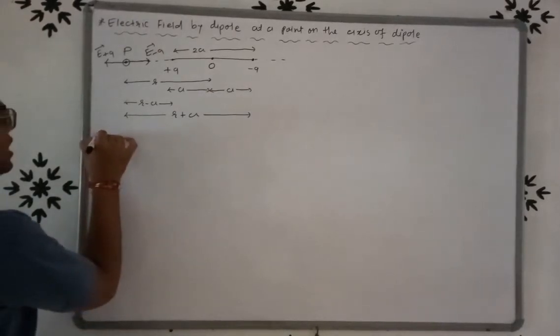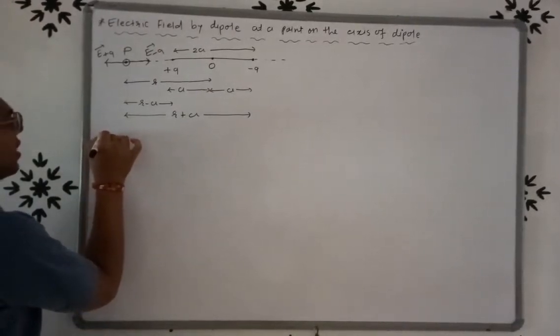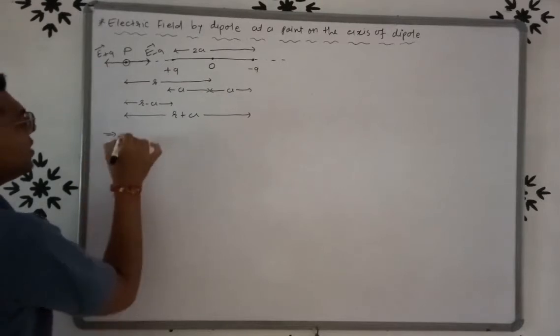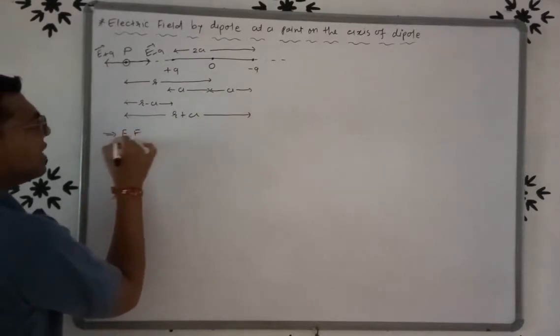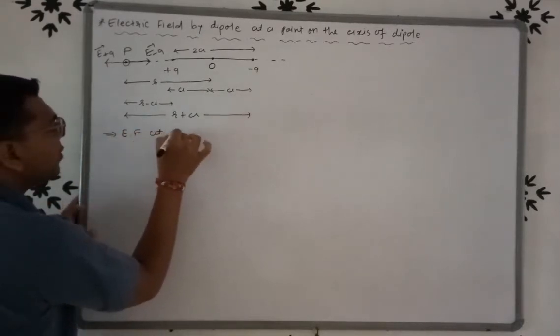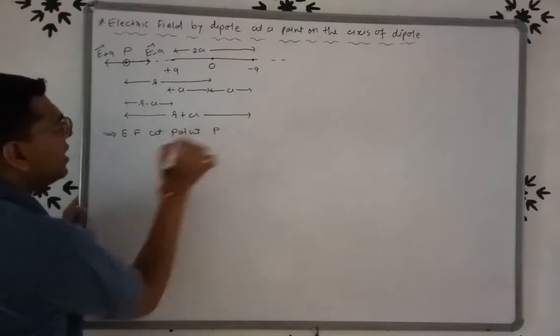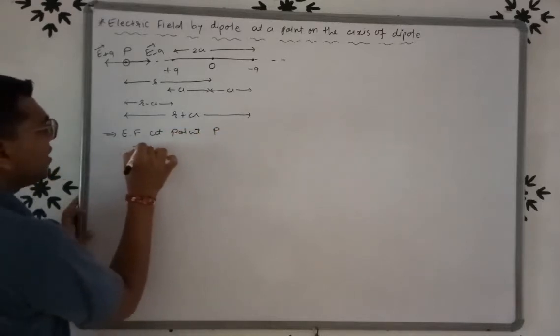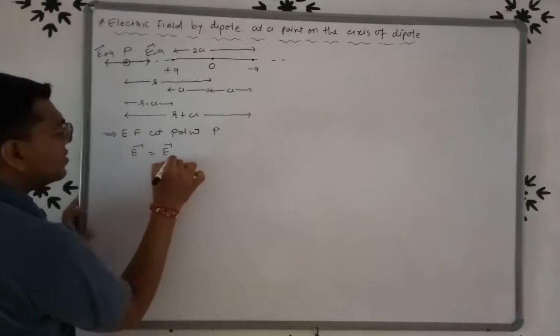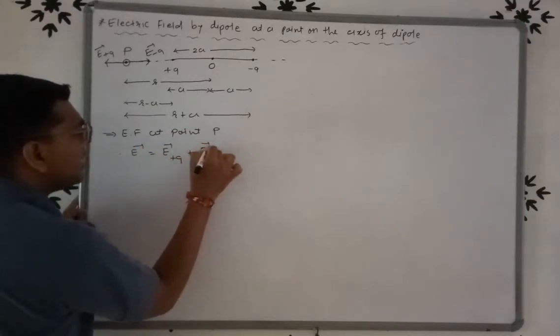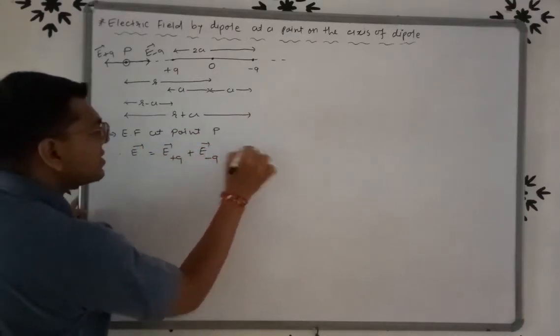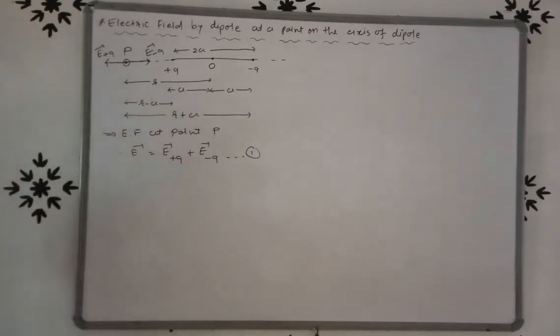Now we have to find out the electric field at point P. So the electric field at point P is given by vector E is equal to E plus Q plus E minus Q, right? This is equation 1.